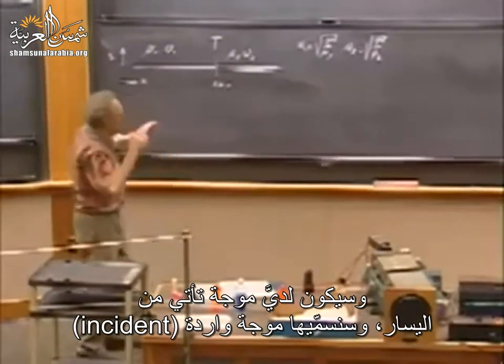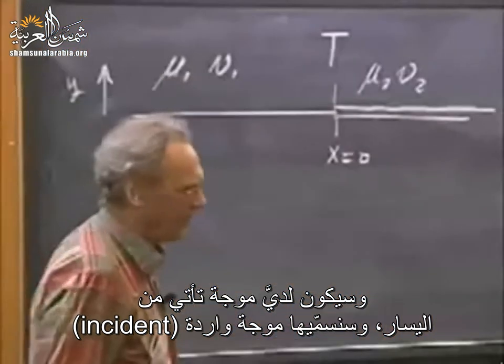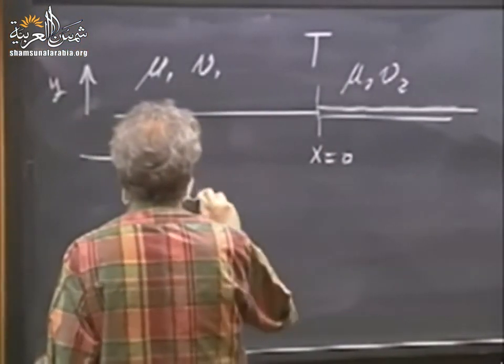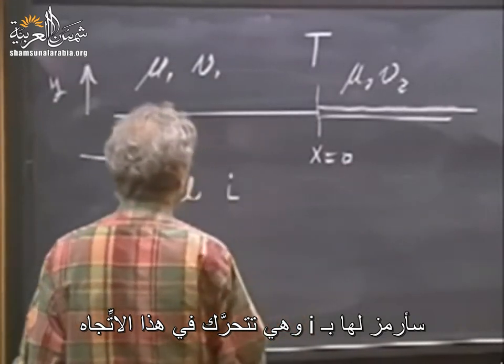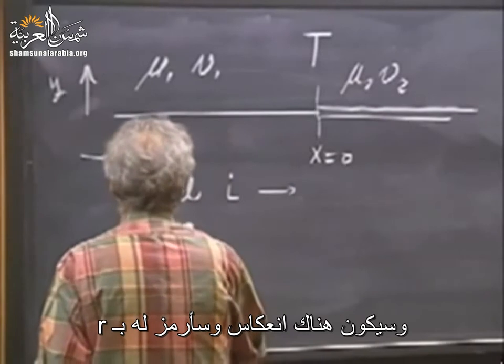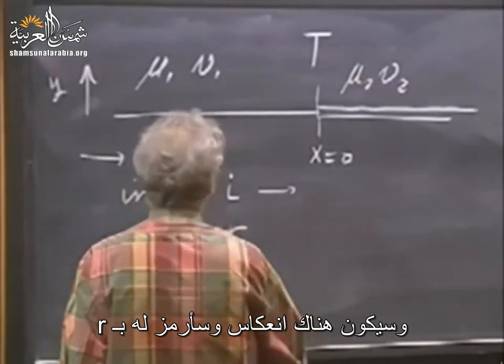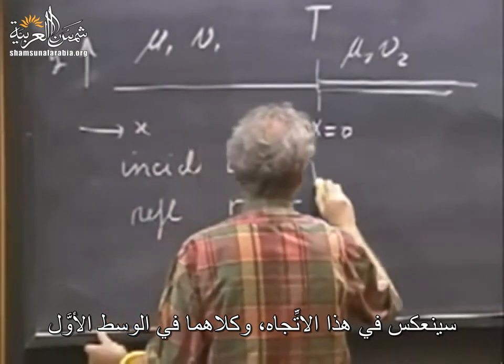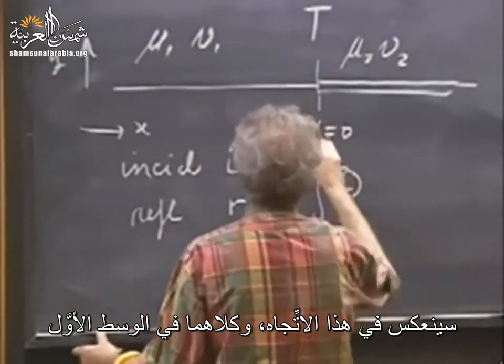And I'm going to have a wave coming in from the left, which I call the incident wave. Incident, I will give that an I, moving in this direction. And then there will be a reflection, which I call R. Something may come back, so that it goes into this direction, both in medium 1.